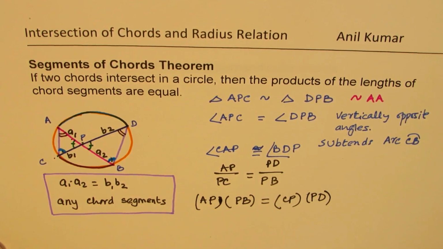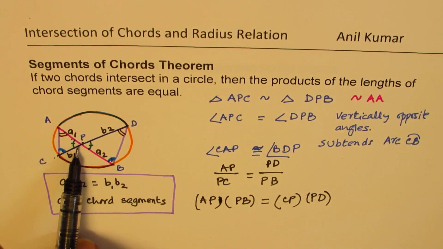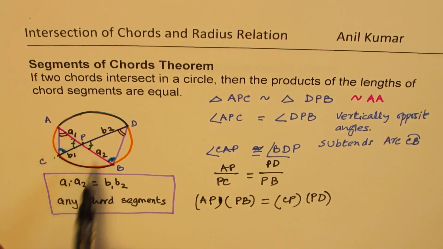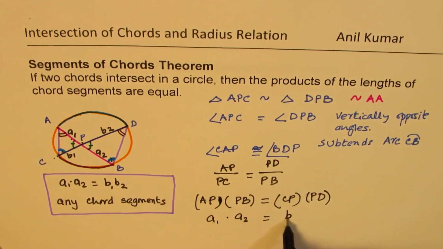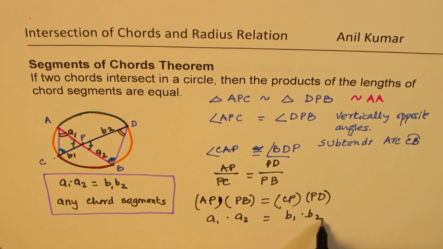Does that make sense to you? So AP times PB is the same as A1 times A2. This is our segment A1, this is segment A2, equals B1 times B2. Is that clear to you? So that is how we can prove it.